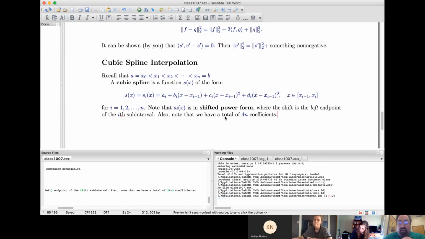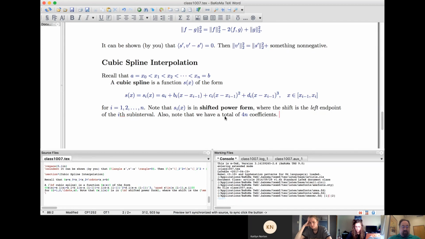Since we have 4n coefficients, we need 4n equations to specify them uniquely. So what I'm going to do is impose conditions on these coefficients so that we can get a system of equations to solve for them.